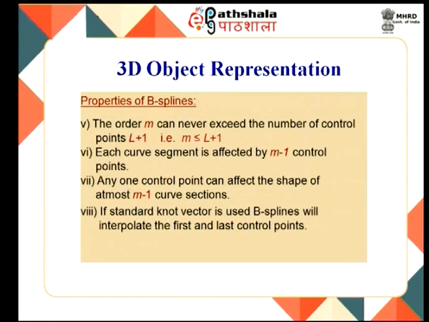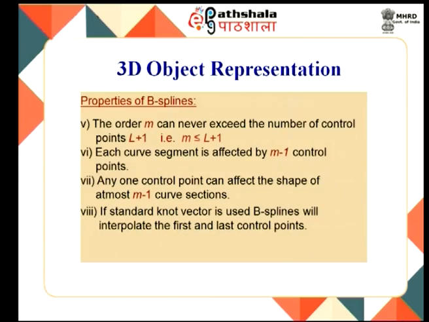That is, a section of the curve is influenced by 2 control points. And another property: any one control point can affect the shape of almost m minus 1 curve sections. So, if the order is 3, a control point will affect 2 curve sections.